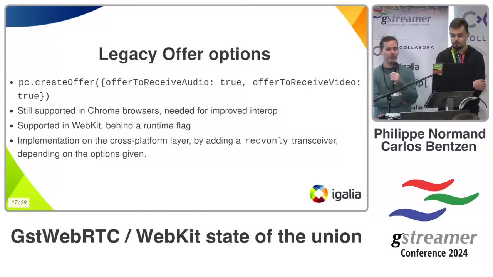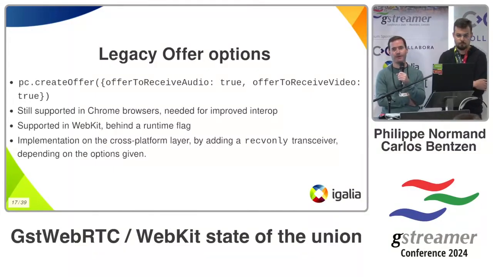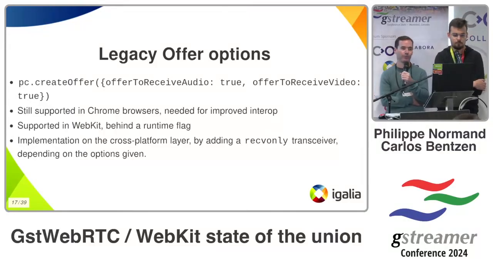Yeah, another thing is legacy offer options. In the peer connection, there were those Boolean flags you could specify when you're creating your offer, specifying that you would like to receive audio or video. Nowadays, it's better to use the transceiver API in JavaScript, but still, these options are still available in Chrome, and so many websites still use those.